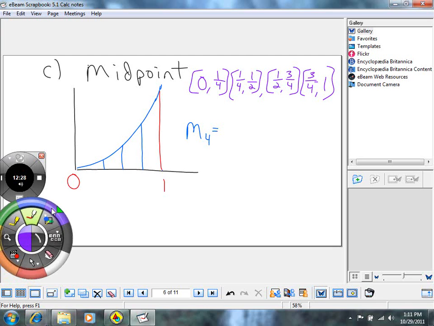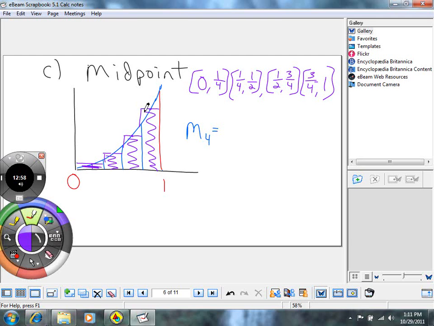So I would pretend like the heights of the rectangles are this tall. So then I would sketch that. And in the middle of the interval, I'd pretend like the rectangles were about that tall. I don't know if you can see that part of it is under and part of it's over, and you're thinking, this could be pretty good. Yeah, that's pretty good. So the midpoint is actually always more accurate than the left and the right.